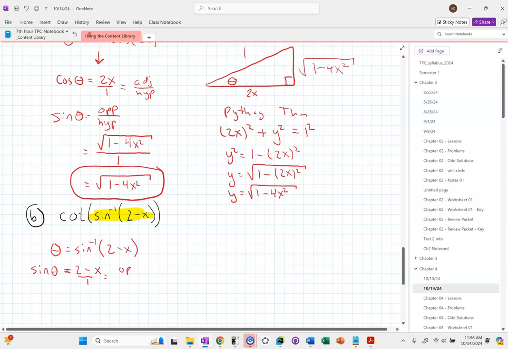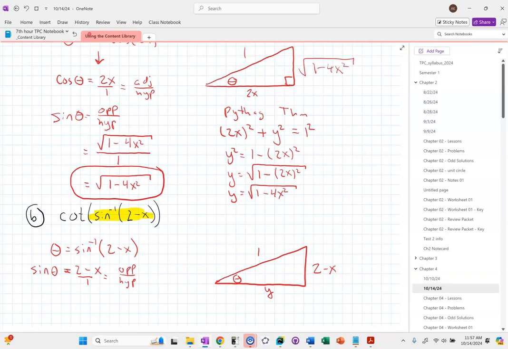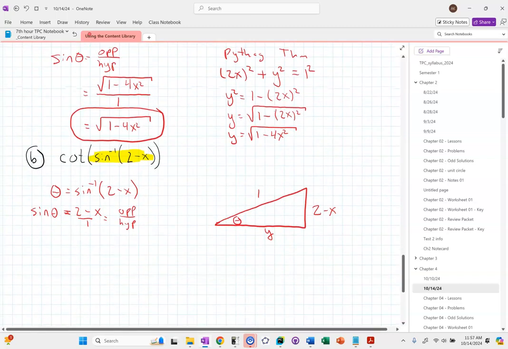I know sine is opposite over hypotenuse. So I can draw my right triangle, labeling the opposite and hypotenuse, and then my third side can just be y.